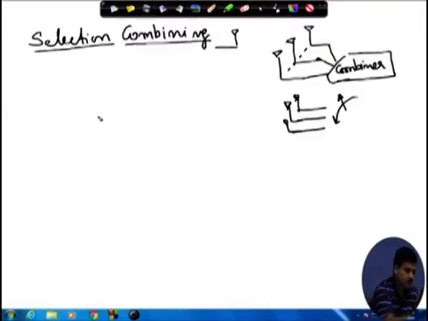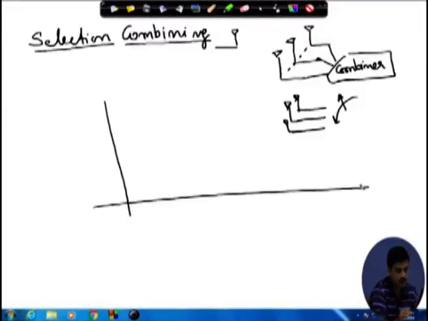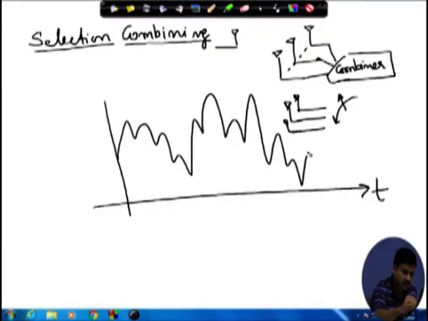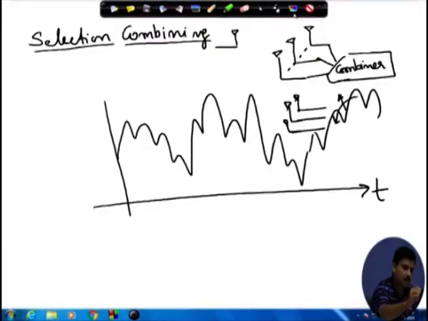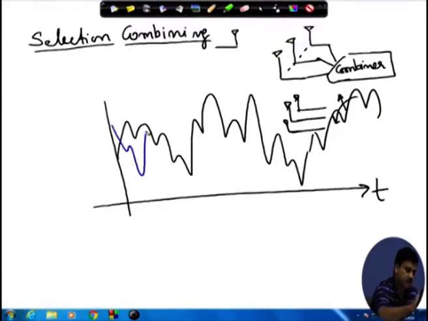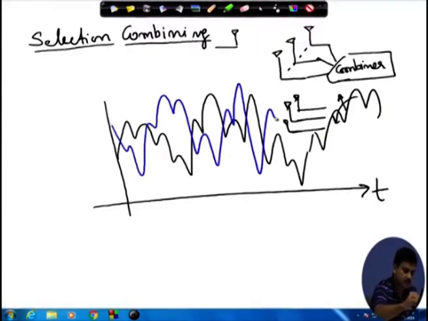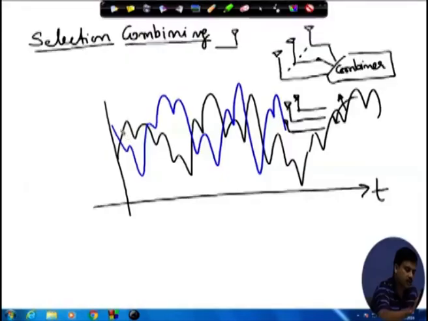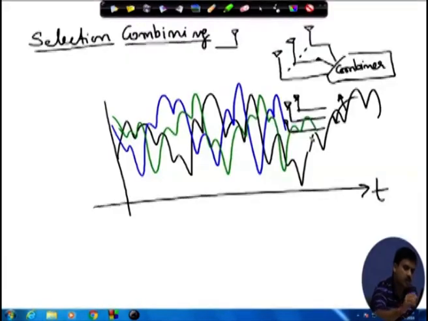Suppose this is the time axis and this is the received signal strength axis. This is the signal strength of one of the antennas, and if the strength of the other antenna is something like this, and the strength of another antenna could be something like this, and so on.